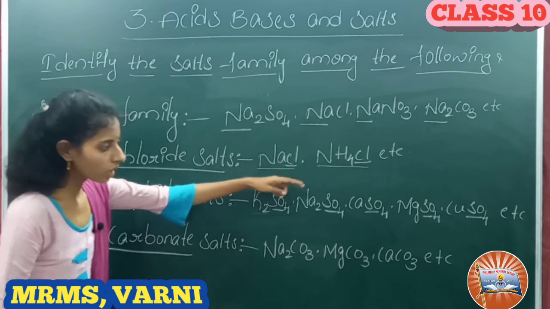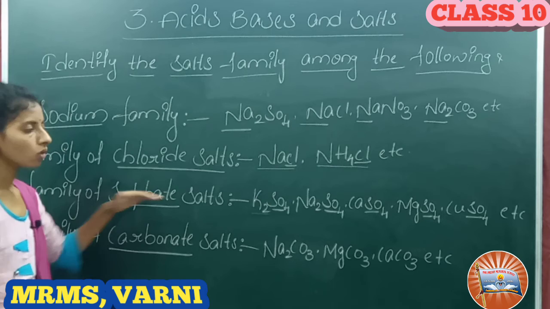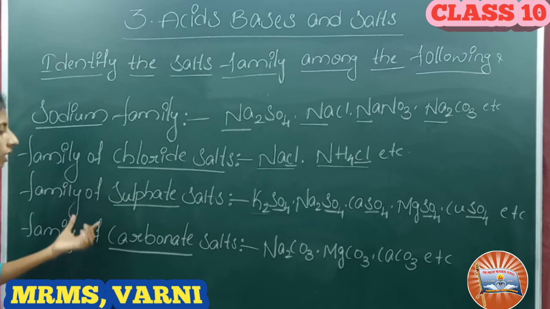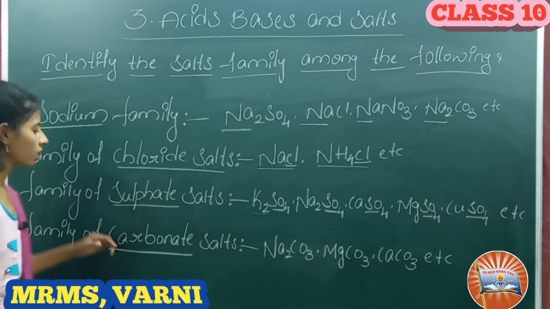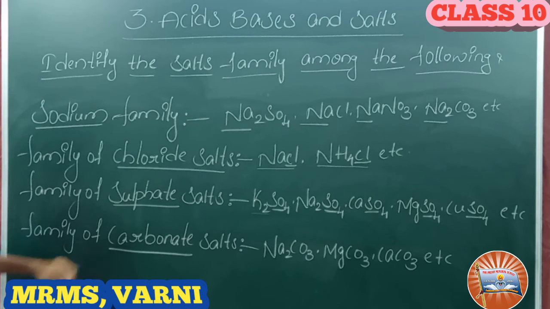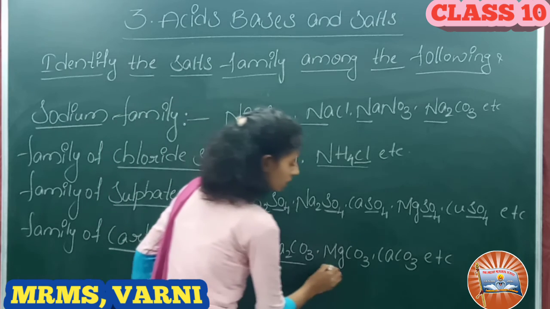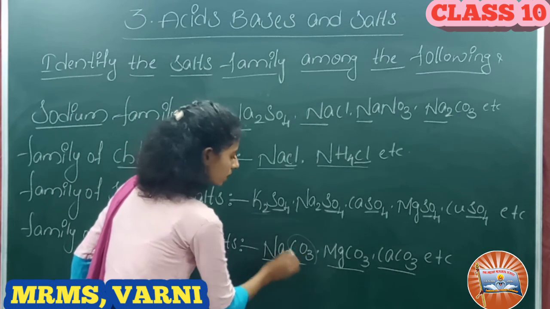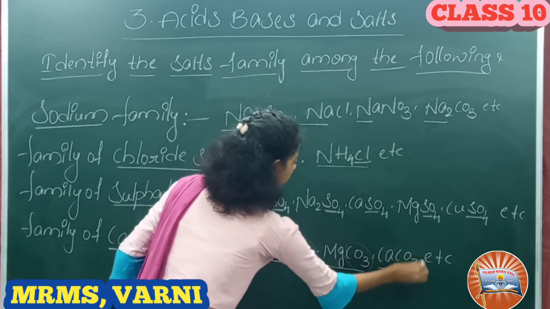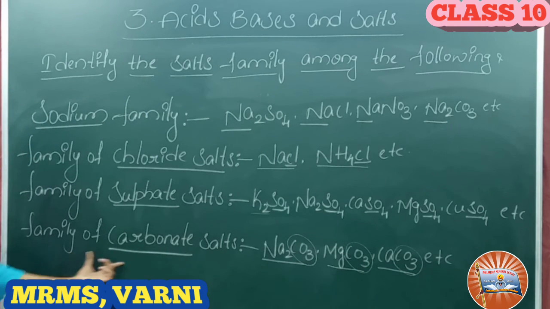So in all the formulae, sulfate is common. So that's why we are calling all these compounds or they belongs to family of sulfate salts. And finally, family of carbonate salts. Sodium carbonate, magnesium carbonate, calcium carbonate. So in all these three, carbonate is a common. Yes? So we can say that these three belongs to carbonate salts family.